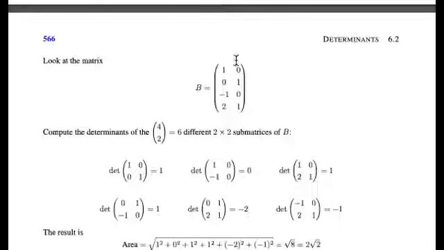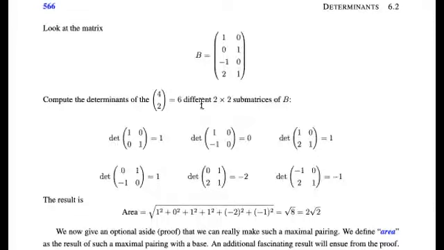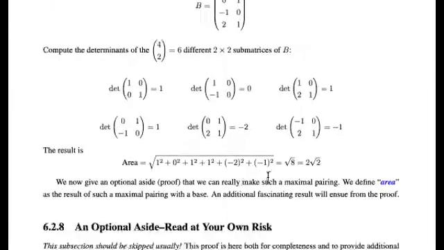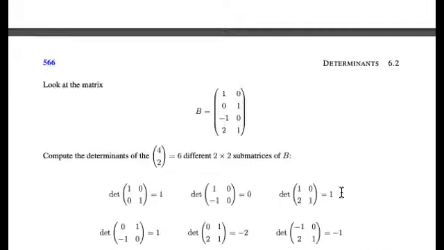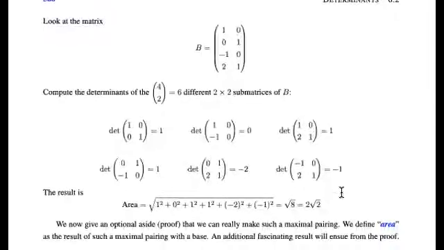What if we have 4 space, 4 dimensions, however that would be visualized, and say you have 2 vectors, and it creates a parallelogram in 4 space, and it projects differently onto different planes. There are 6 different 2x2 submatrices, so 6 different projections. Find the areas of each projection, take the sum of the squares, and square root it, and you actually get the area of that parallelogram. It's kind of an interesting idea.